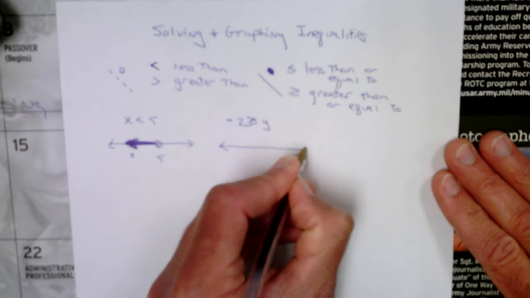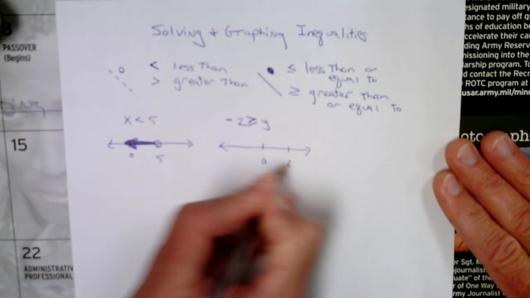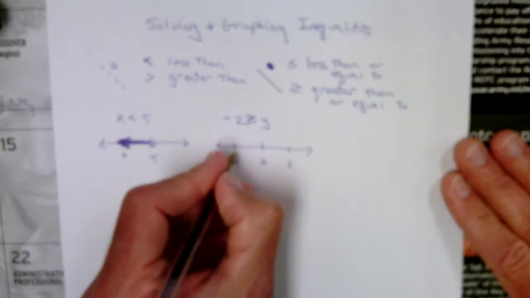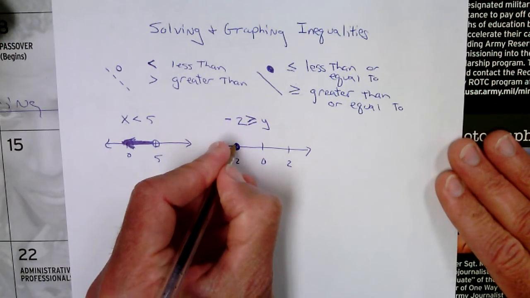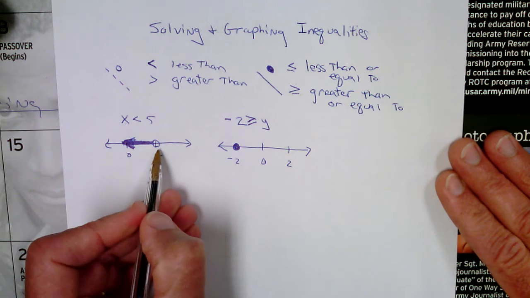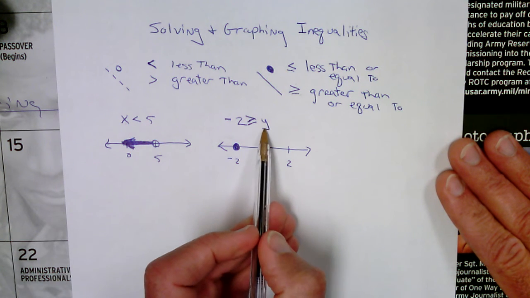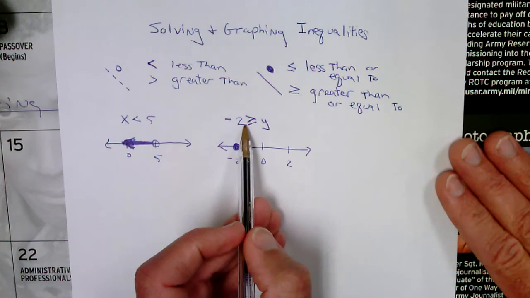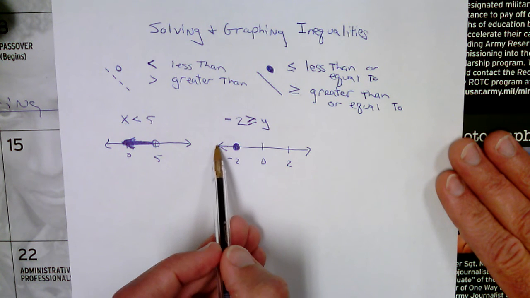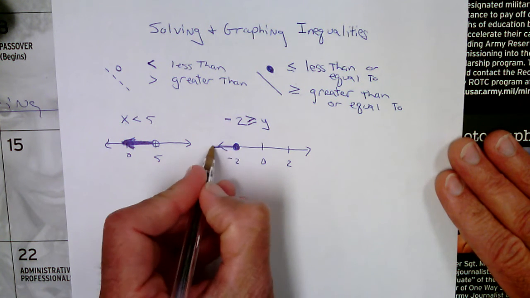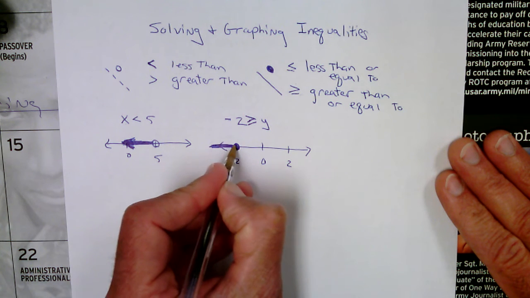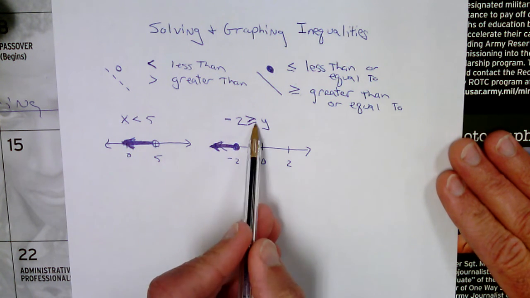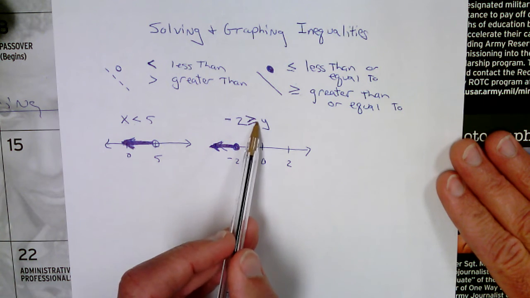When we graph this one, 0, 2, -2, 1, it's a greater than or equal to sign, and so it is a closed circle as opposed to the open circle. And what's a value for y that makes this true? Well, a value that is smaller than -2 would be -3, -4, -5. So again, the arrow in this case goes in this direction out here to the left. Notice it doesn't go in the same direction that it points, so you have to be careful there.